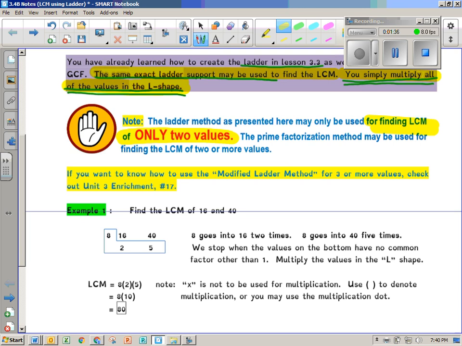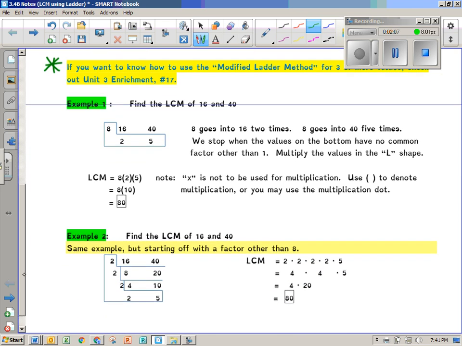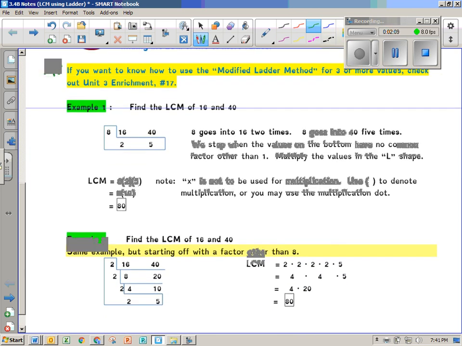If you want to know how to use the modified ladder, we're going to be doing an enrichment in Unit 3 for that, and I'll teach you how to use this modified ladder. I know we use the ladder for GCF for more than 2 values, but it doesn't work the same for LCM, and that's really important.